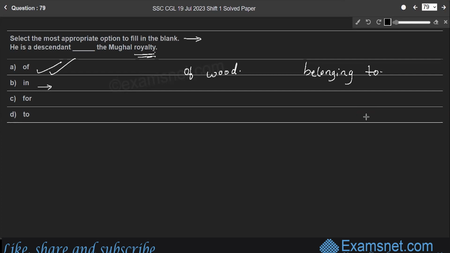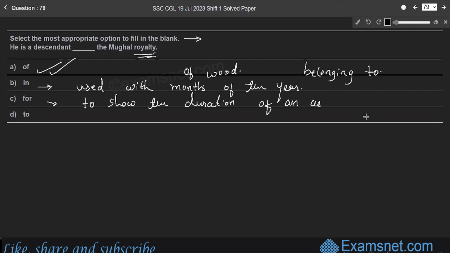Whereas the preposition for is used to show the duration of an action, for example, for 2 years.